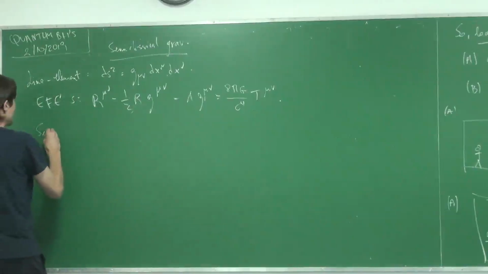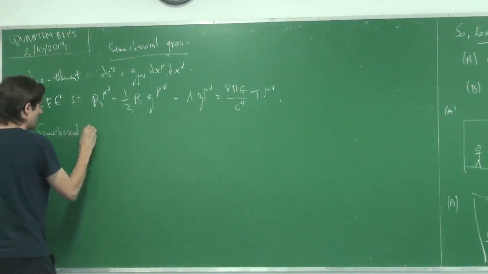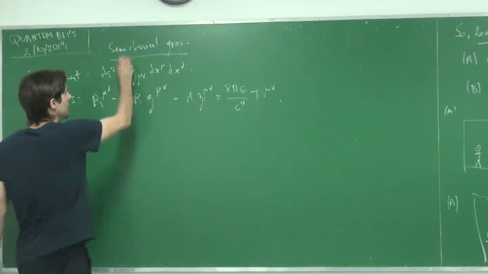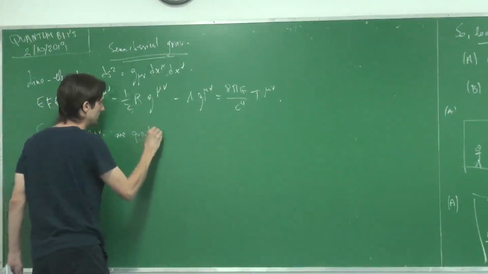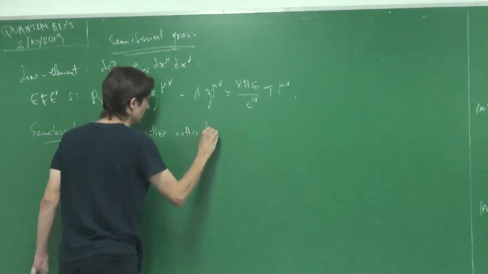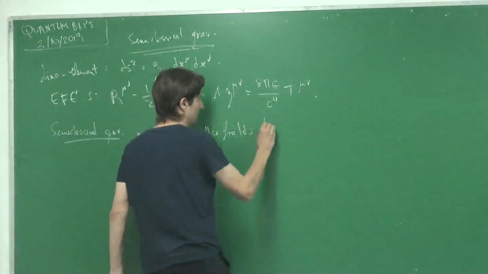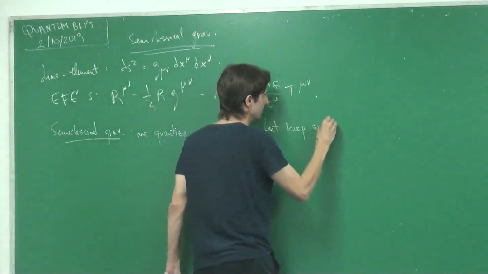And like I said, in this framework of semi-classical gravity, we quantize all matter fields, but keep the gravitational field classical.